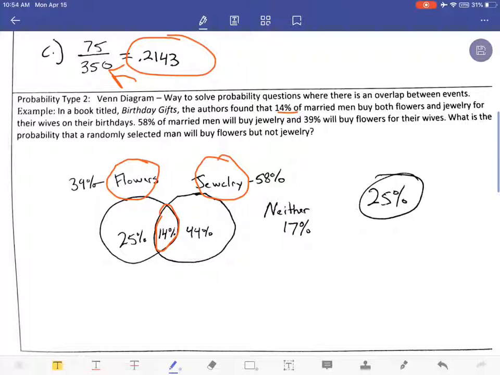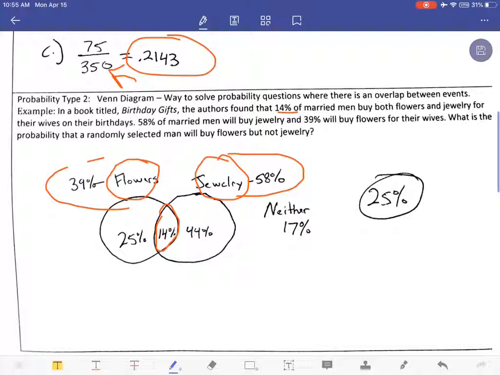Then we know that 58% of married men will buy jewelry. So I put 58% on the outside next to our column right here. That tells me that 58% of men bought jewelry, and then 39% of men bought flowers. But again, like I said, there's an overlap.